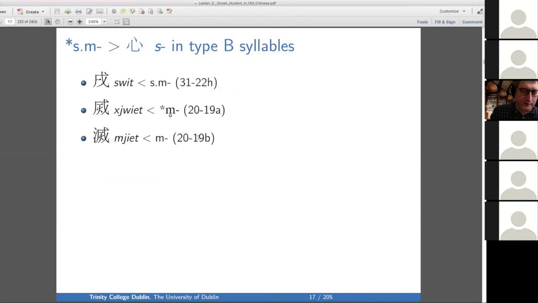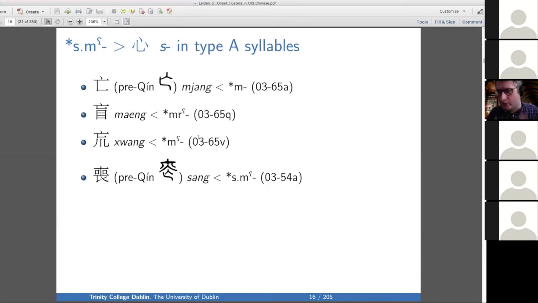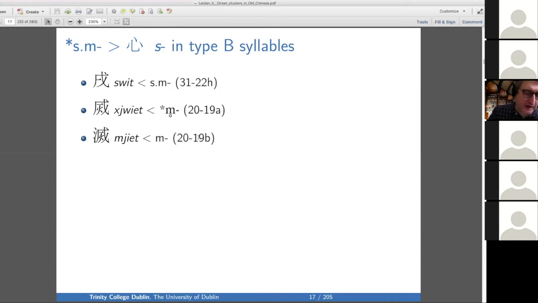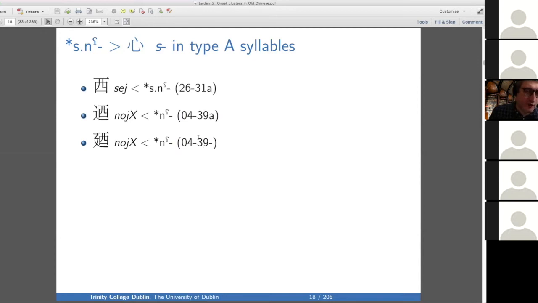And then I am trying to go through systematically in type A syllables. So here we have SM reconstructed in a type A syllable, and here we have SM reconstructed in a type B syllable. Okay, now, I don't want to go through this too fast, but it's much of a muchness, is what they would say here in the UK. So SN develops into S in type A syllables. And here's the evidence.